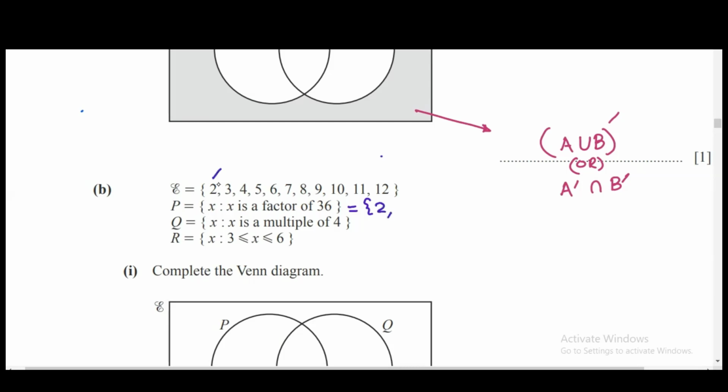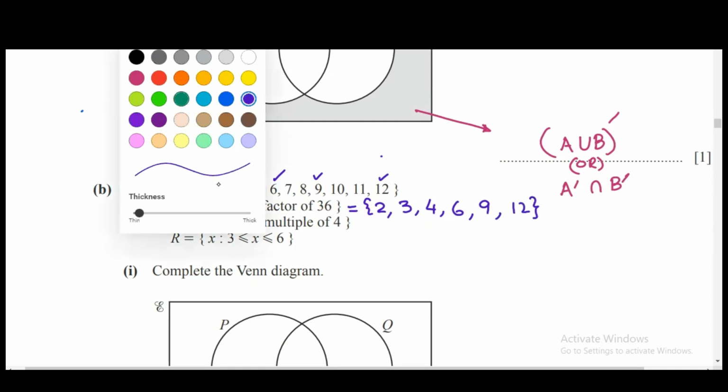And 36 is divisible by 3, 3 is also a factor. 12 threes is 36. 36 is divisible by 4, 4 nines is 36. It is also a factor. And 6 sixes is 36, so 6 is also a factor. Then 9, 9 fours is 36, 9 is also a factor. Skip 10, 11, 12. 12 threes is 36, 12 is also a factor of 36.